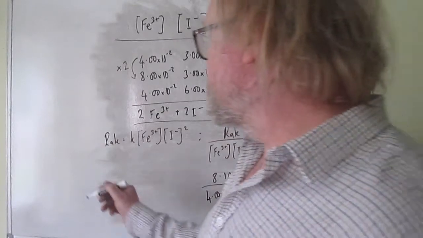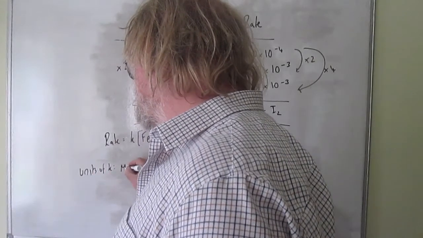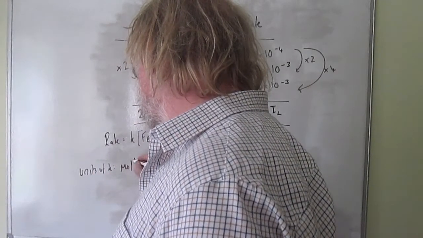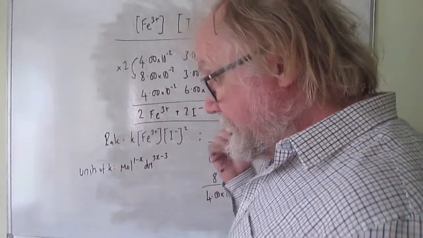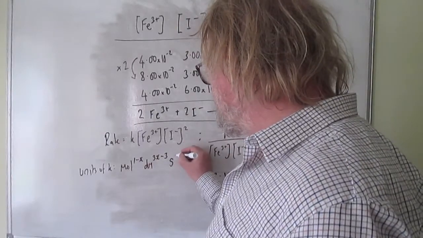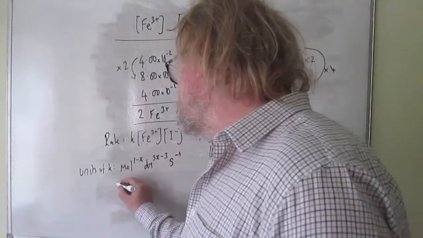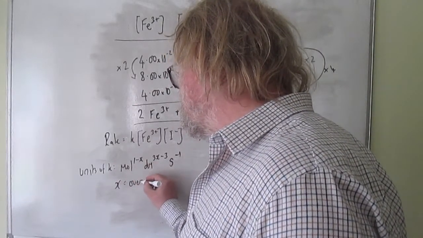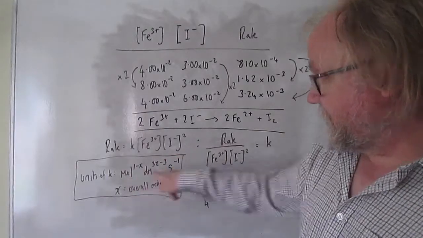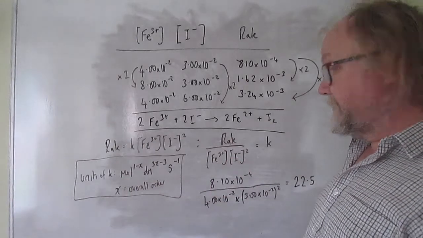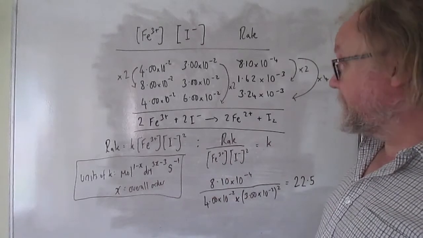So the best thing is to learn the recipe, which is that the units of k are mol^(1-x) dm^(3x-3) and then per second usually. It could be per minute, you have to be careful with that, but in this case, and most commonly it's per second, where x is the overall order, which is the sum of the individual orders. If you haven't yet learnt that recipe for finding the units of the rate constant, I would definitely do that. It's going to save you a lot of struggle when it comes to these kind of questions.